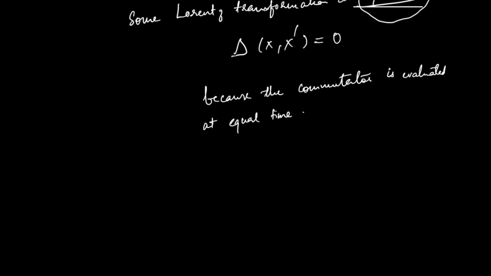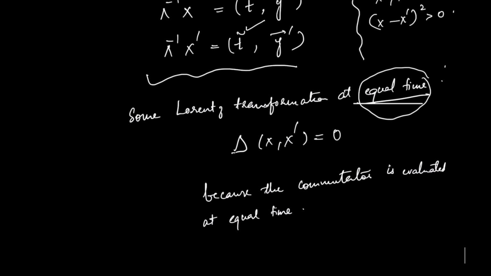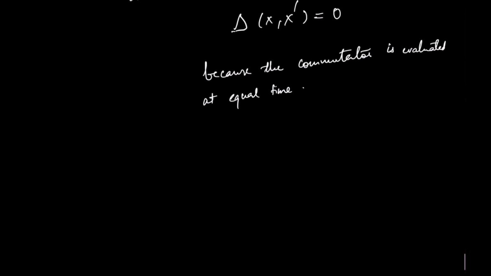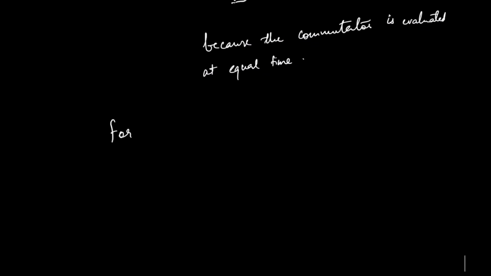Now we can see that this does not break Lorentz symmetry, because if you have only space like separation, even then the commutator is always the same. So no matter what frame you choose, if it's equal time, it's always space like separated in some other frame.